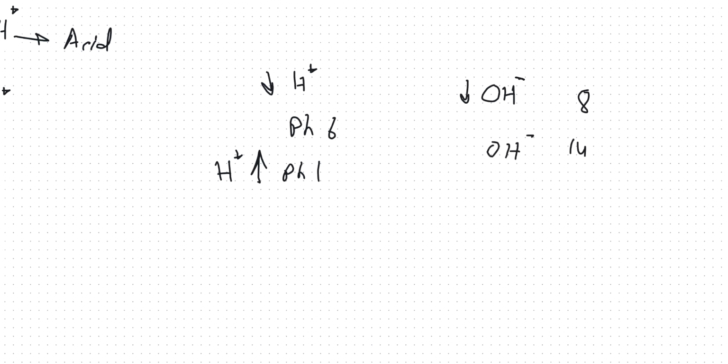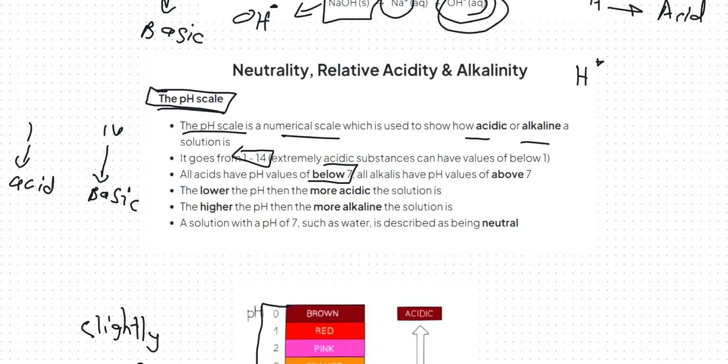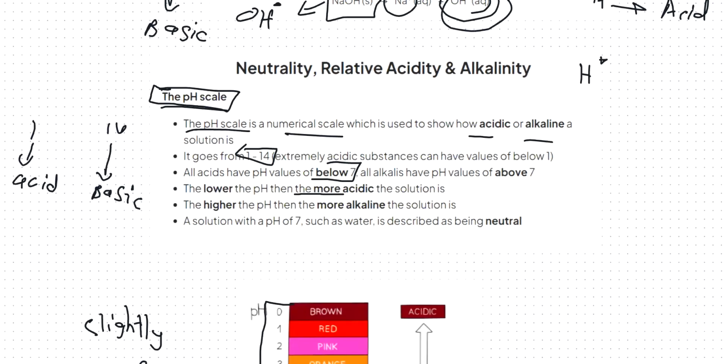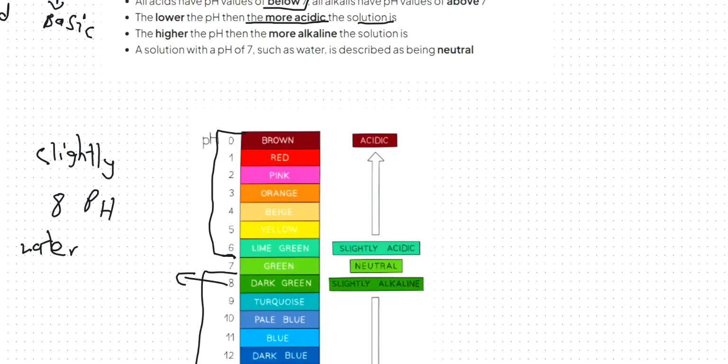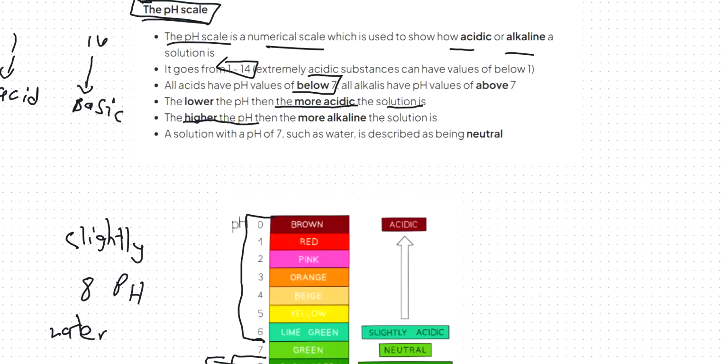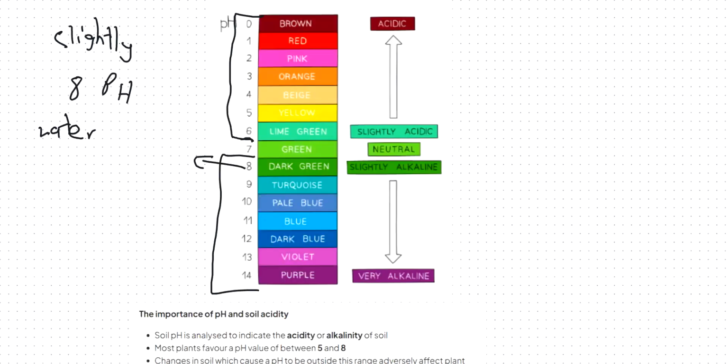So this is basic stuff. The lower the pH, the more acidic the solution gets. So if you had pH 1, it would be the most acidic. And the higher the pH goes, the more alkali the solution will be. So if you go from 8 to 10 or 12, it becomes more alkali.